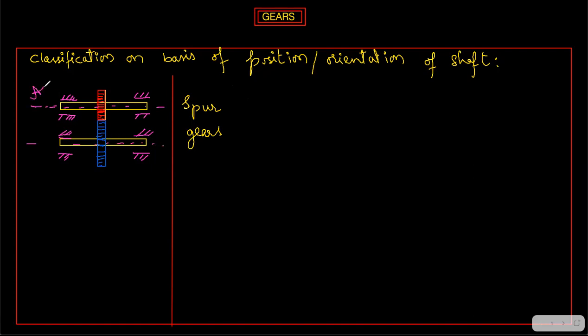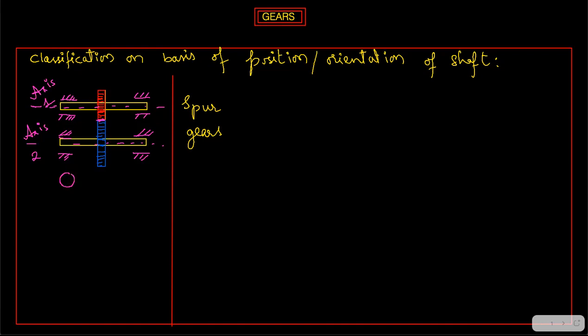Now over here we say that the action will be similar to pure rolling. Means what? The rolling is without slipping. It means at the point of contact of the gear, this is the point of contact, right? At this point of contact, the velocity of gear 1 will be equal to the velocity of gear 2. Fine. So gear 2 has a velocity and gear 1 has another velocity, right?